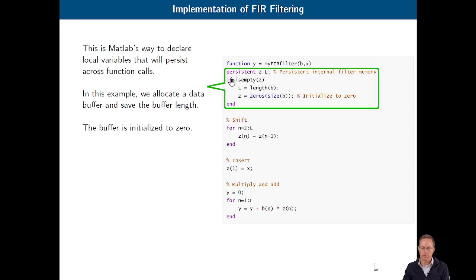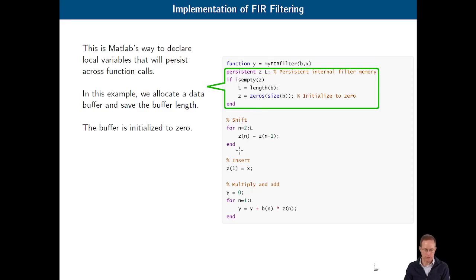So notice that on the very first time we call this function, we say if Z is empty, in other words, if Z is an array that doesn't exist or has nothing to it, we're going to let L be the length of the impulse response array, which is B, and then we will allocate an array of zeros of size equal to the size of B. So we're initializing our buffer to 0, and then we're going to do the shift.